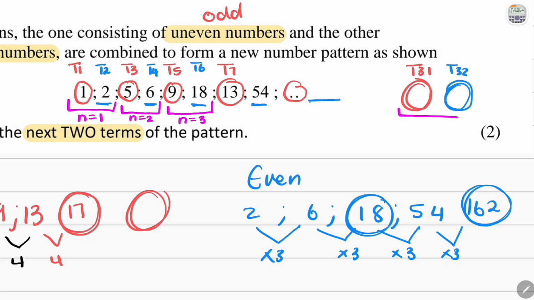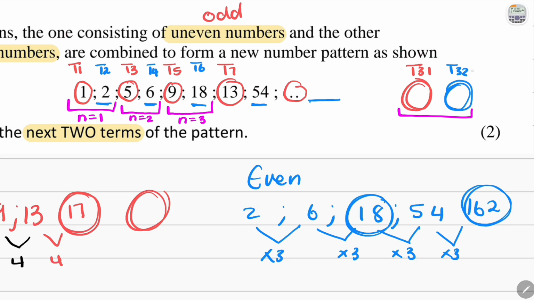So I'm trying to find out which term these are in their respective patterns. Since this ends with term 32, all we have to do is divide that term number by 2. Term 4 divided by 2 is term 2. This is actually term 2 in this even pattern. For example, here as well, term 2 divided by 2 is 1. This is actually term 1 in the even pattern.